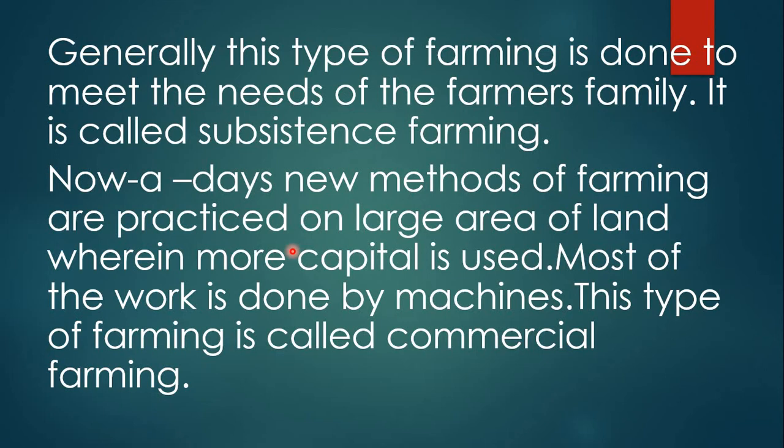Only certain things, children, can be done by the machines. There are sewing machines and machines for separating the seeds, but certain things we have to do ourselves, otherwise the crops will get spoiled.